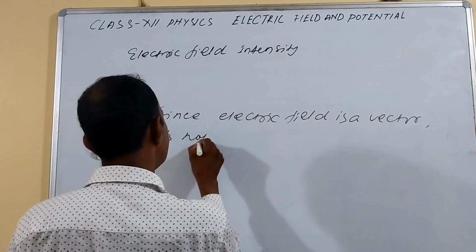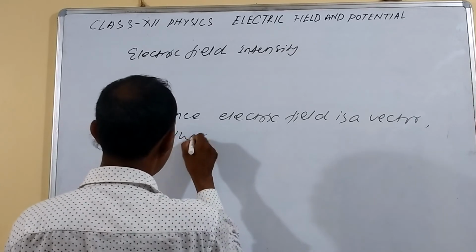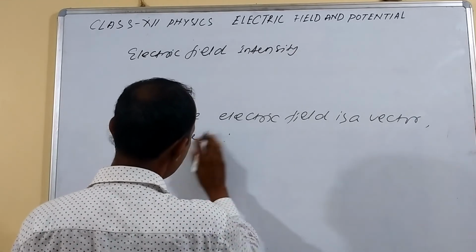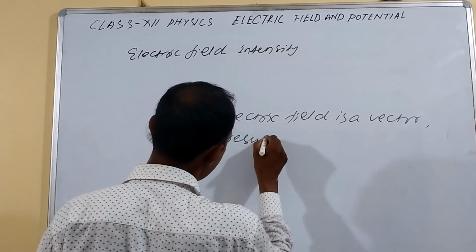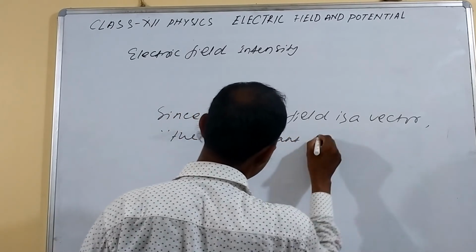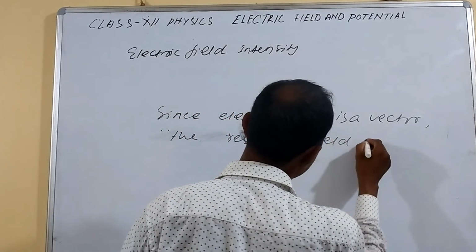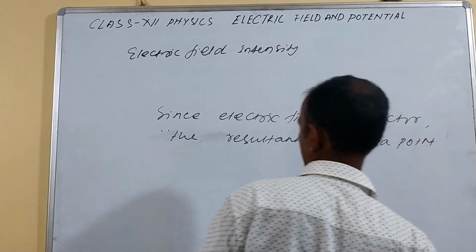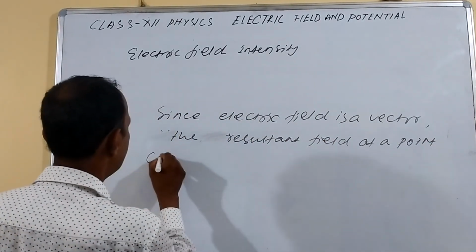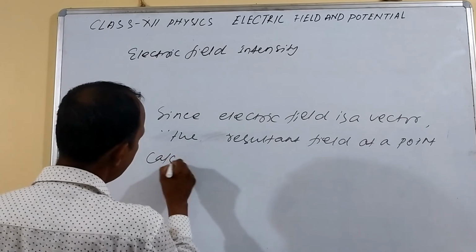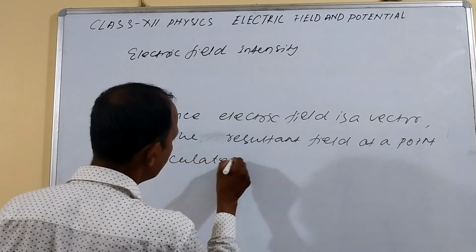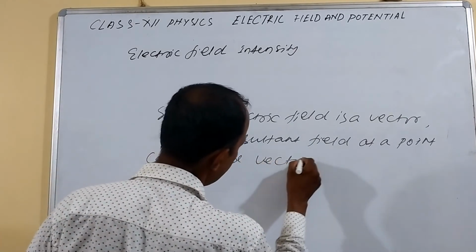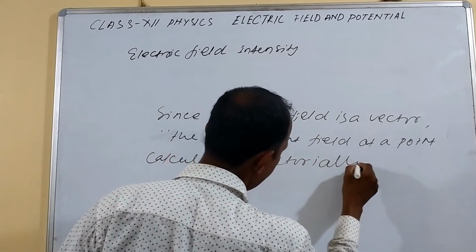It is the resultant field at a point calculated vectorially.